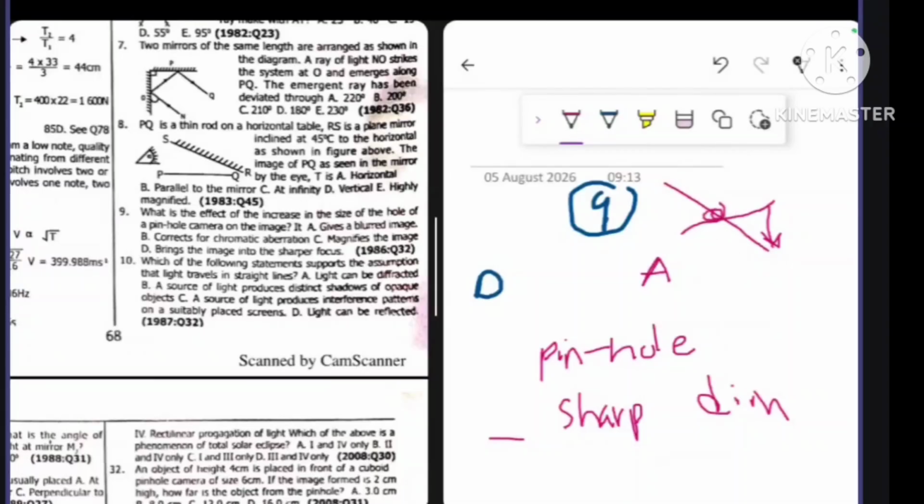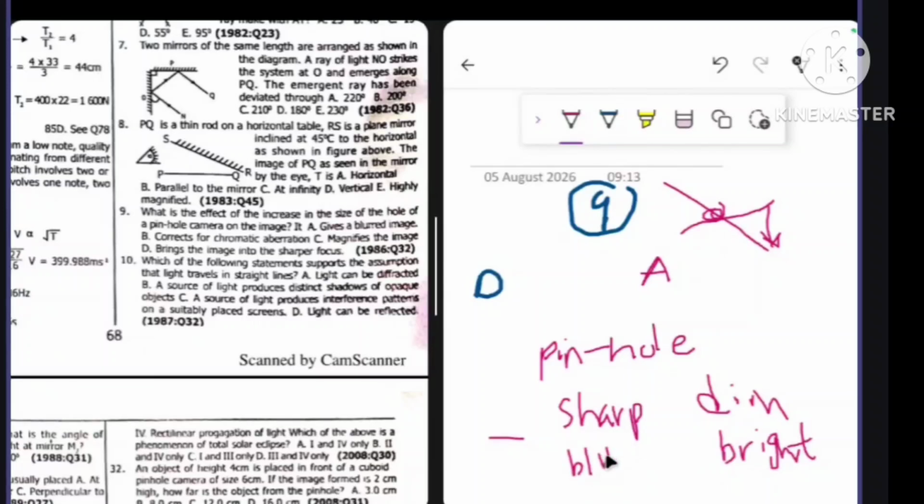So if I should increase the size of the hole, what happens? More light will enter, so it will be bright. But unfortunately, I gave an example of when your phone all of a sudden goes into sunlight. What happens? It will be blurry.